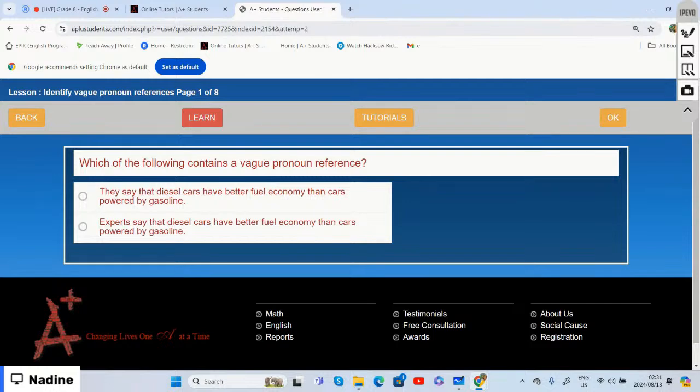We need to identify the sentence that contains a vague pronoun reference. Option one or option two.